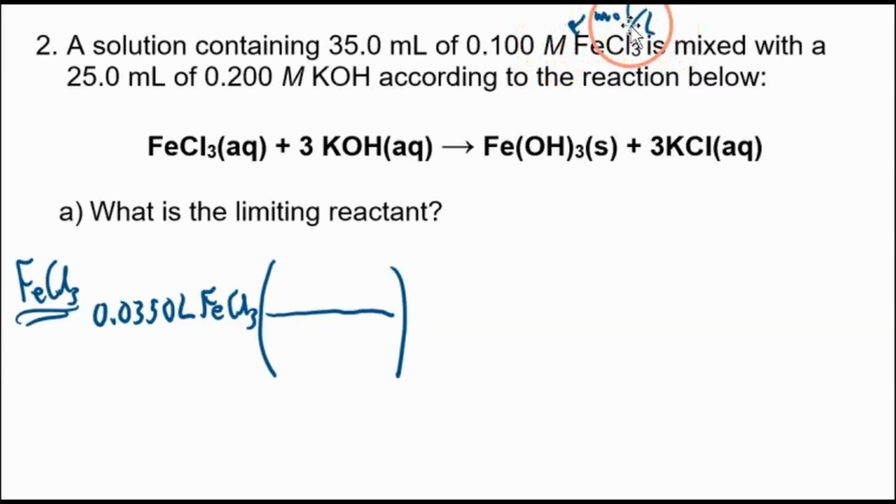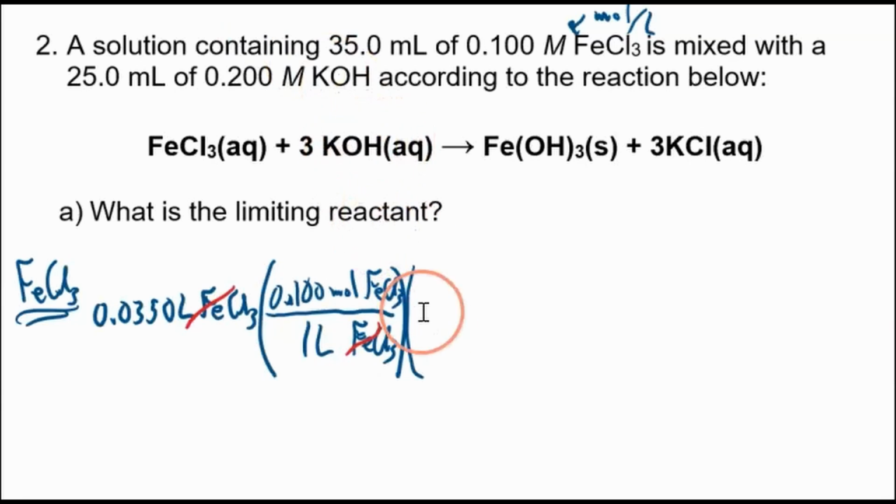And since it has 2 units, it's great to convert units. So there are 0.100 moles of FeCl3 for every 1 liter of FeCl3.